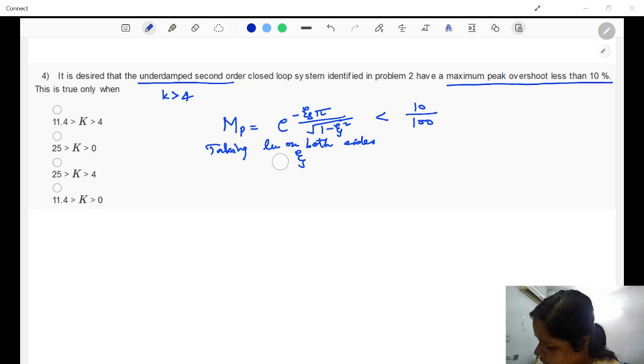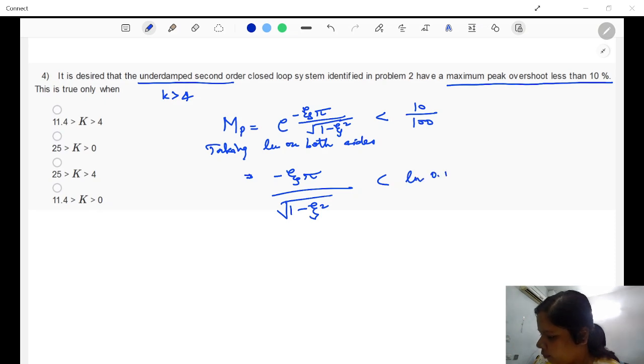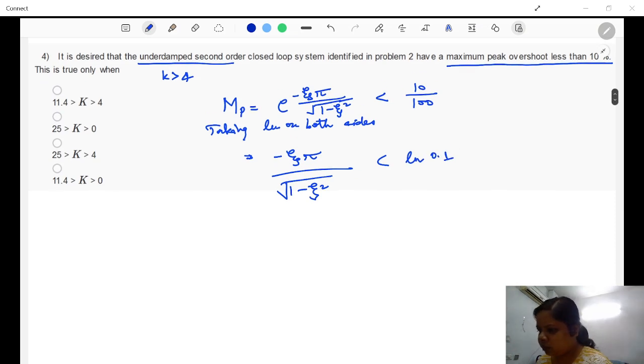So it would be minus zeta pi upon under root 1 minus zeta square less than ln of 0.1. Okay. Then you can go on solving this.